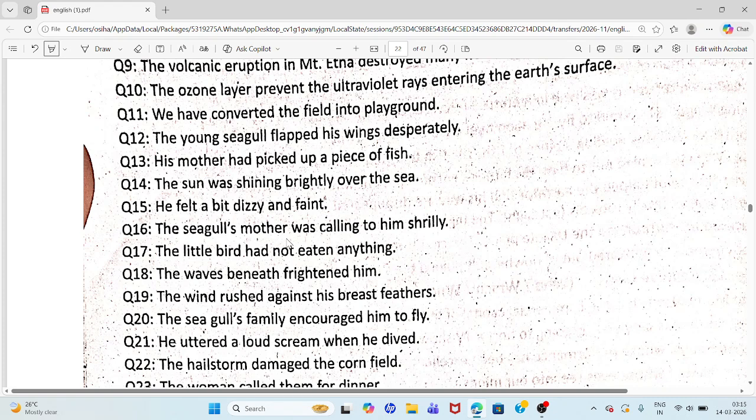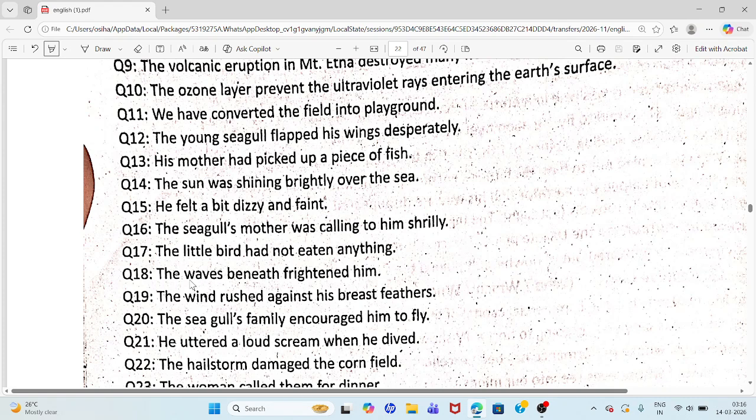Question 16. The seagull's mother was calling to him cheerily. In passive voice, he was being called to cheerily by the seagull's mother. 17th question. The little bird had not eaten anything. In passive voice, nothing had been eaten by the little bird.